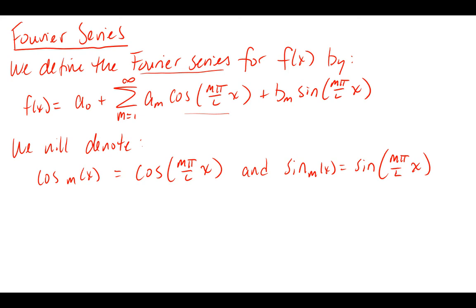There are some nice properties of these cosine m's and sine m's. These are just straight up calculus things, and we're going to pull this together to come up with our big result probably in the next video. But let me get through the preliminary properties of these guys, the cosine m's and the sine m's.